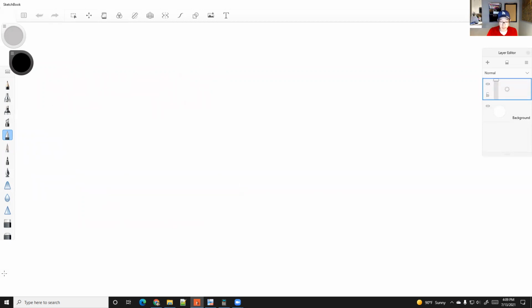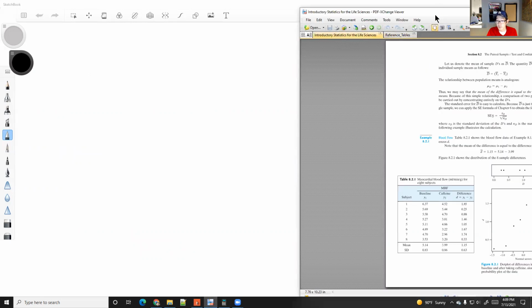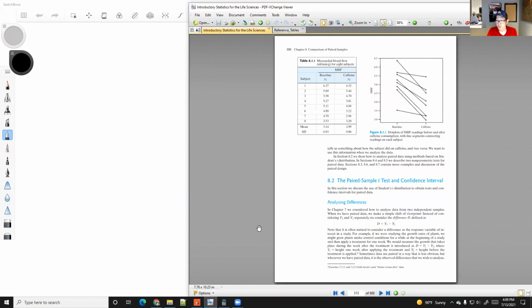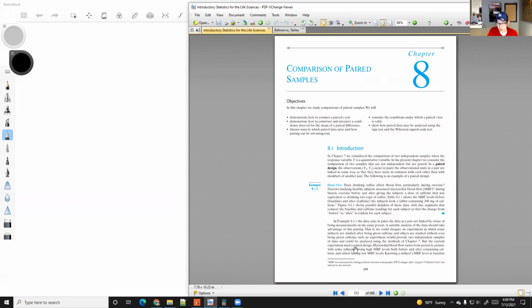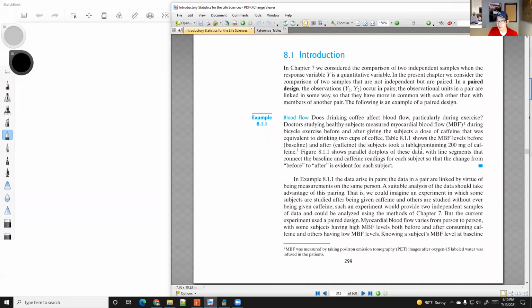This is from the 4th edition of the textbook. This example asks, does drinking coffee affect blood flow, particularly during exercise?